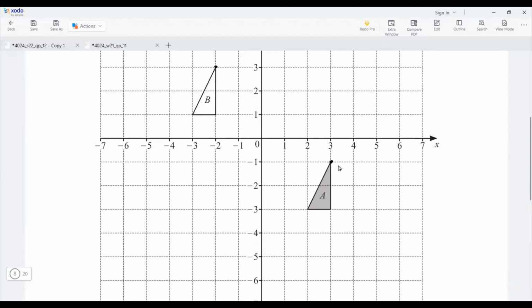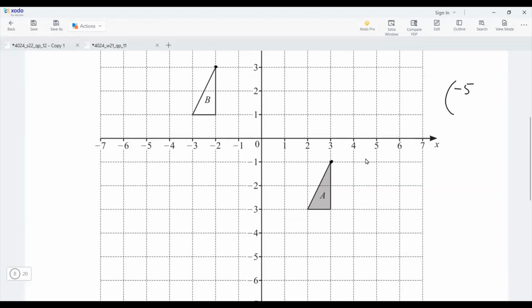So check whether the triangle is moved leftwards or rightwards. The movement of A to B is leftwards. Moving from this point to this, it is 1 unit towards left, then 2, 3, 4, and 5. So 5 units leftwards. We can say in the x-axis, it is negative 5.